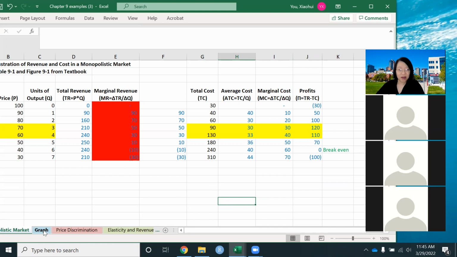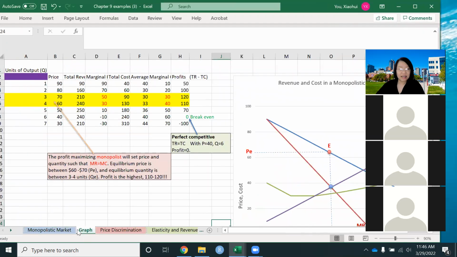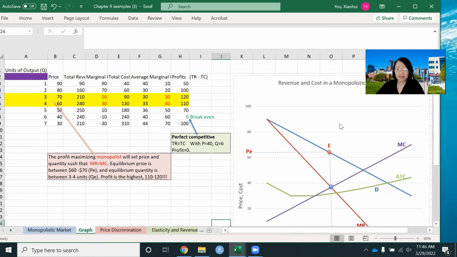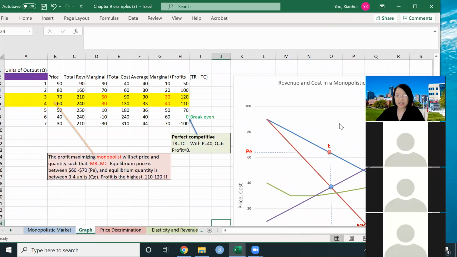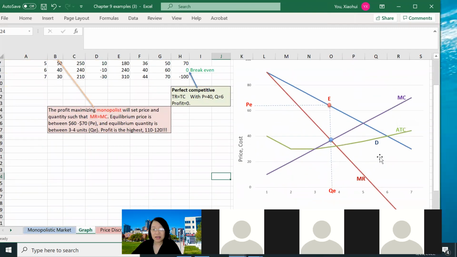Now, how does it look? If you click the second spreadsheet, the graph. Let's look at what's the difference for the monopolistic market. So I directly copied those values here, and then I inserted this graph.